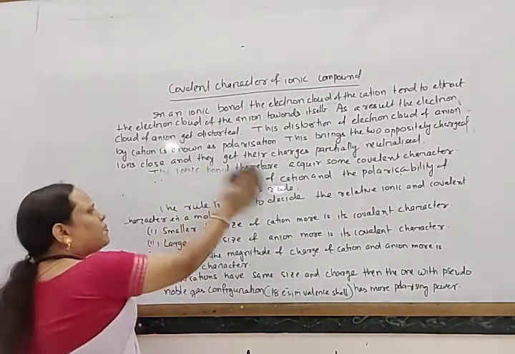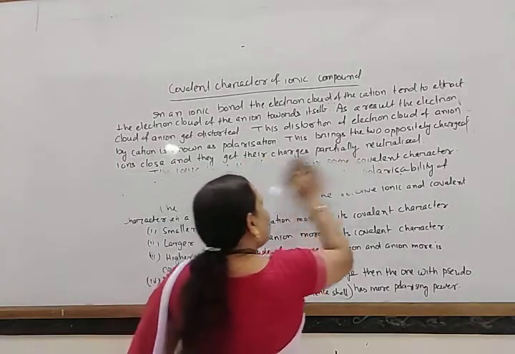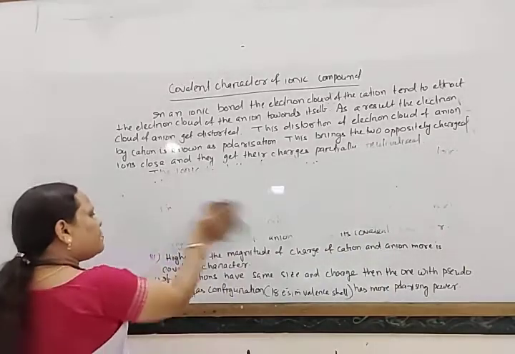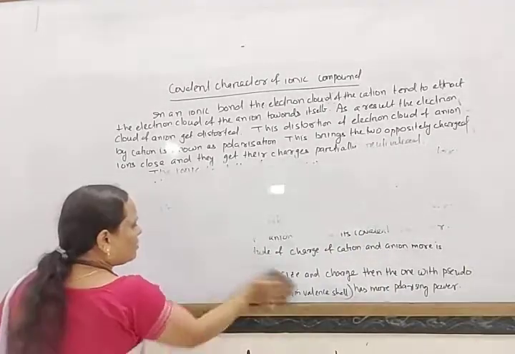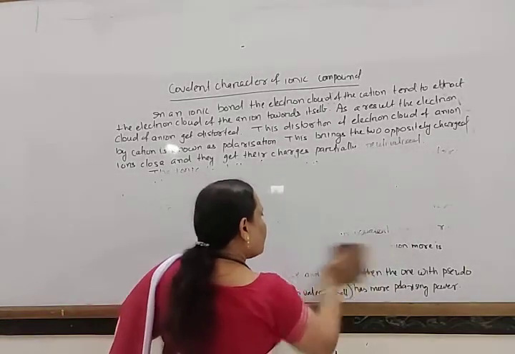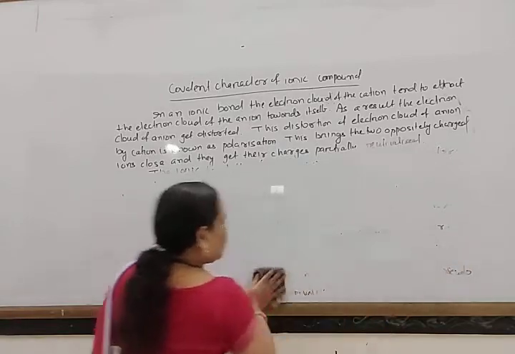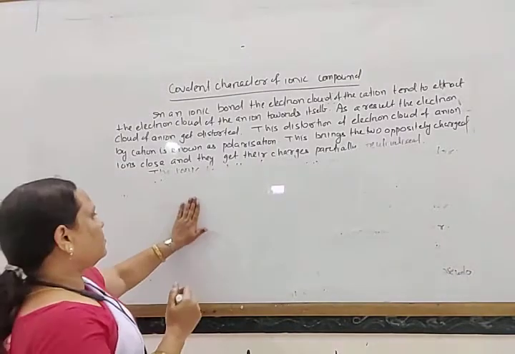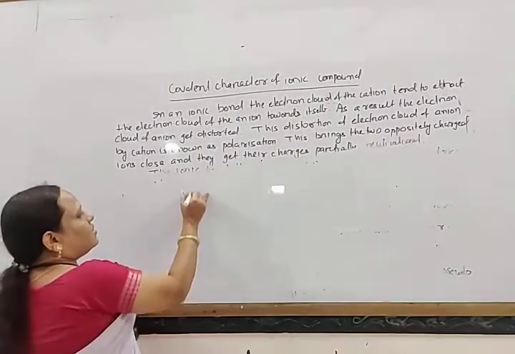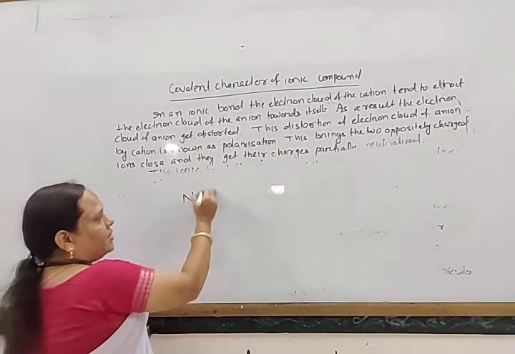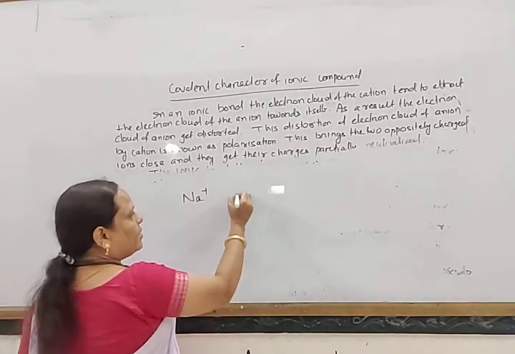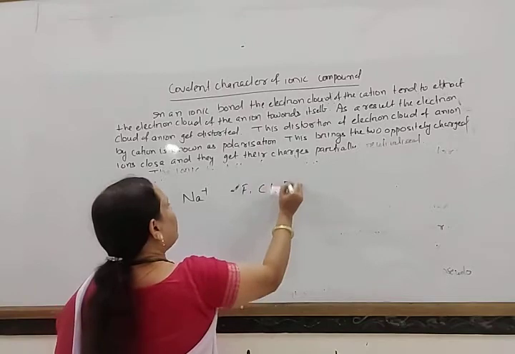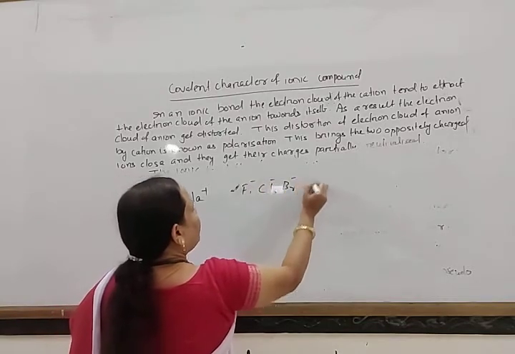Now, suppose we consider different halogens that form compounds with the same cation. Suppose the cation is the same, sodium, and there are different anions, different halogens: fluorine, chloride, bromide and iodide.